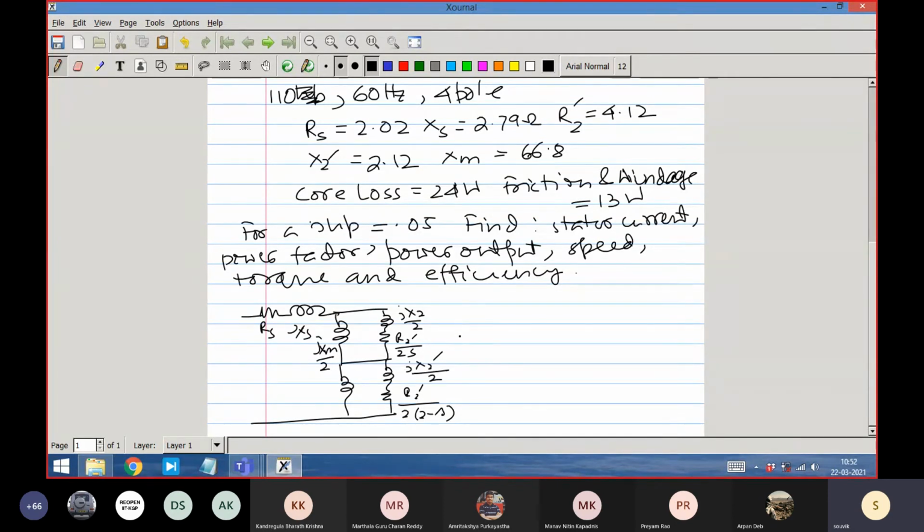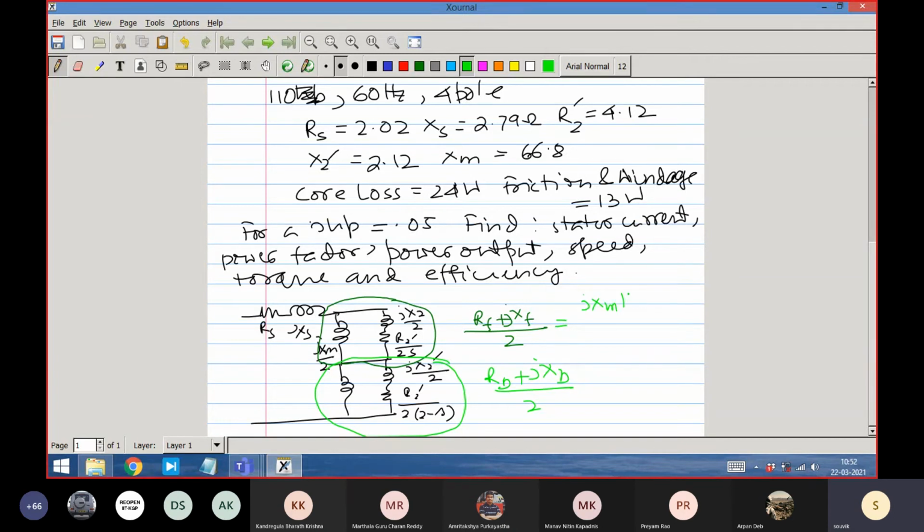So first thing we have to do is to find out the equivalent circuit. We will convert this part with an equivalent thing of RF plus jXF by 2. The other part of this we will convert to another equivalent circuit corresponding to RB plus jXB by 2.